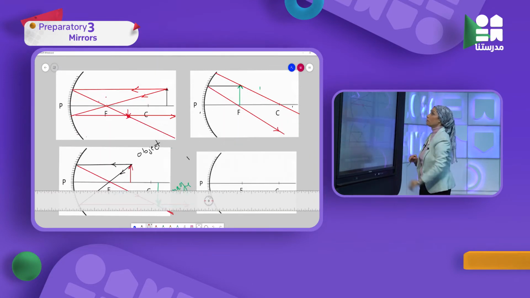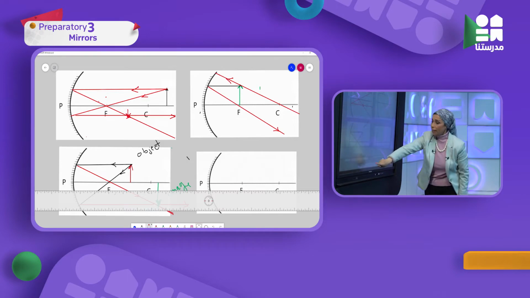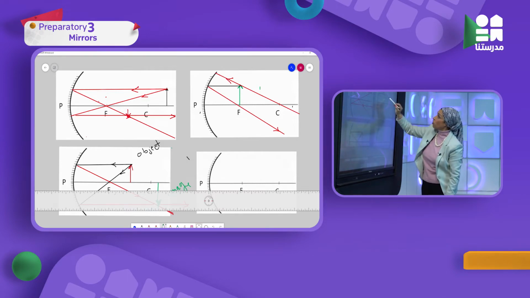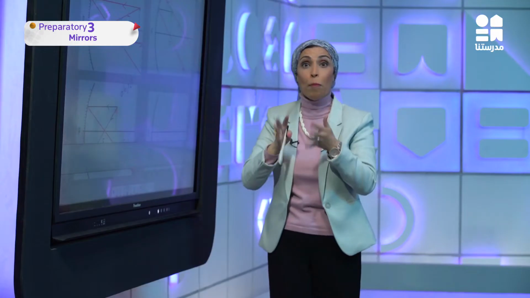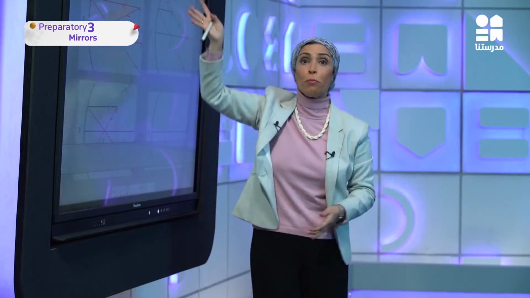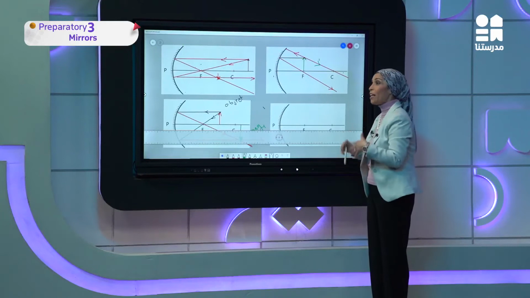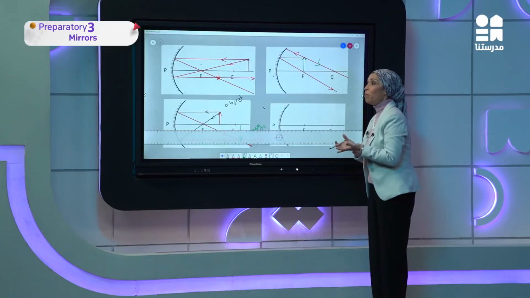Look at this ray: it is incident and it will reflect. The reflection I draw the opposite. It reflects on itself. Can you see here that those rays will meet? Never. To infinity they are parallel from the two sides. So in this case you are going to see no image is formed.